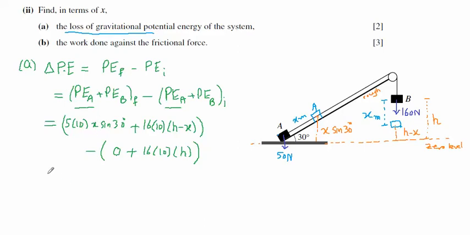Now we will simplify it. After simplification, it is 50 into sine 30, which is half, so 50 multiplied by half is 25x, plus 160h minus 160x, and then minus this bracket, so it is also minus 160h.